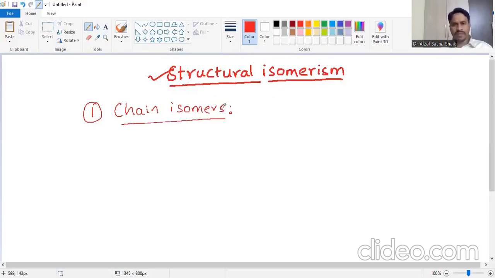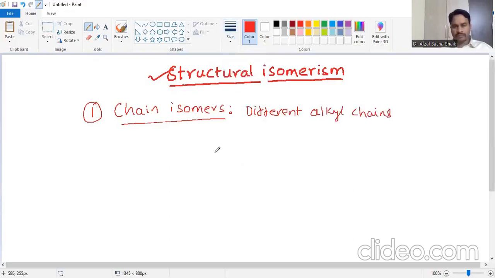And chain isomers have different alkyl chains.